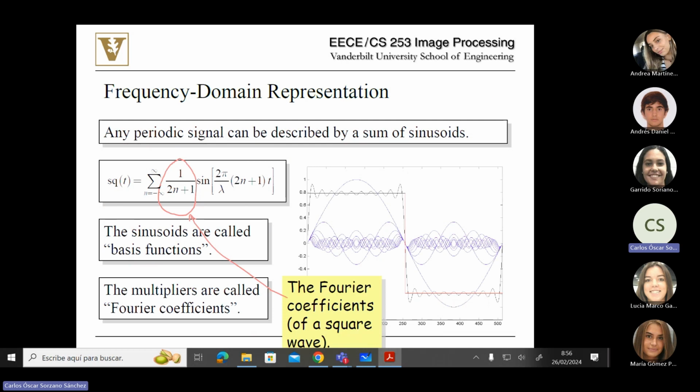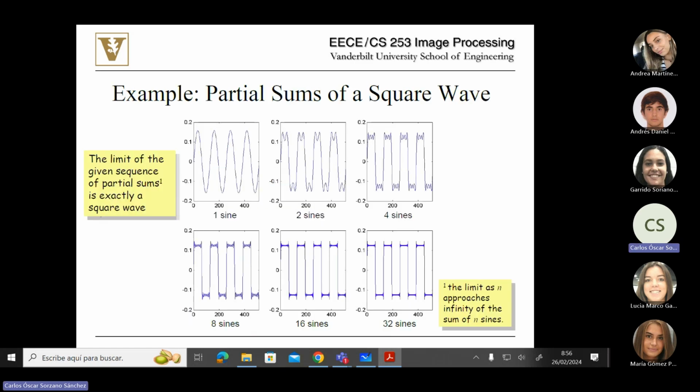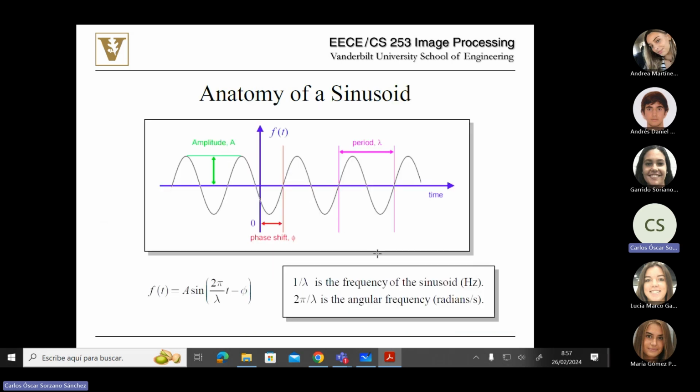We are going from -1 to 1, from -2 to 2, from -3 to 3. So from one sine, two sines, four sines. Okay, so the more sines we add, the closer we are to the square function, except for these discontinuities. The discontinuity is the Fourier transform's classic problem.